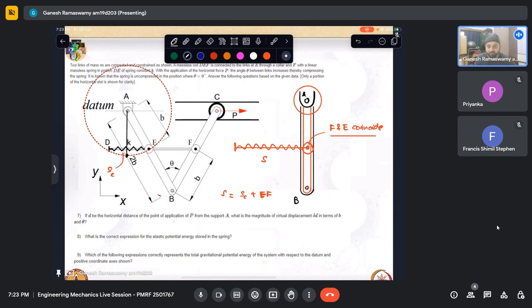Now at any stretch, the mass point has moved here. So this difference will be the movement of the mass point, which is h in your mgh based on the datum. So from there you can also write the gravitational potential energy.